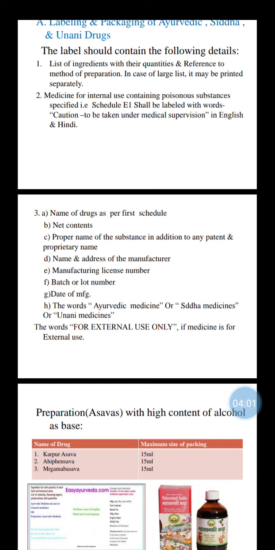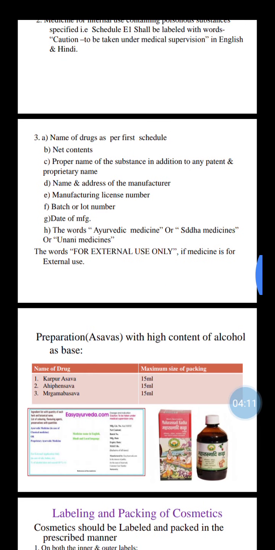Then net content, and the proper name of the substance in addition to any patent and proprietary names. Then the name and address of the manufacturer. Then the manufacturing license number, batch or lot number, date of manufacture, and the words Ayurvedic medicine if the medicine is Ayurvedic, Siddha medicine if it is a Siddha formulation, or Unani medicine.